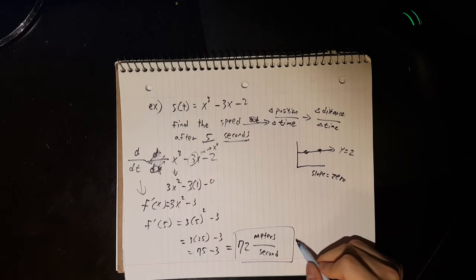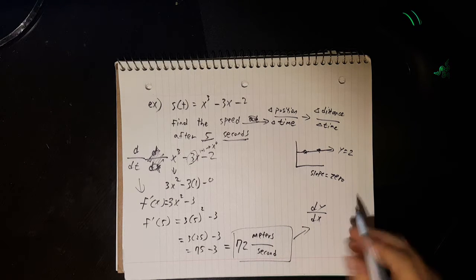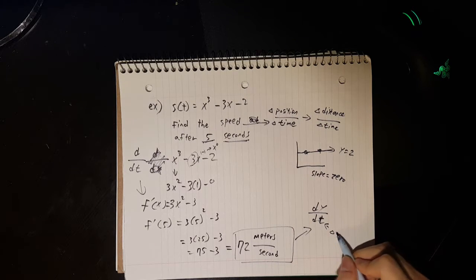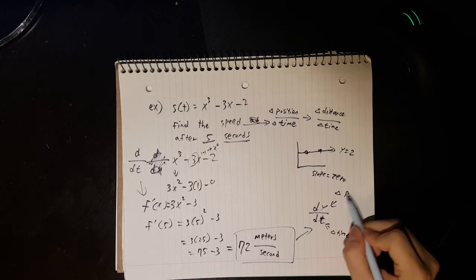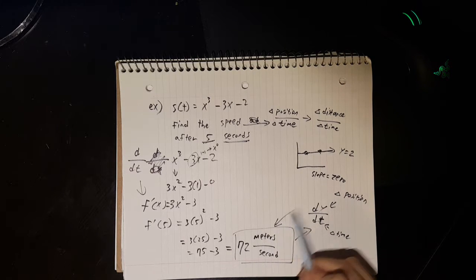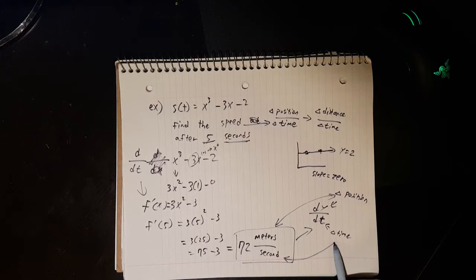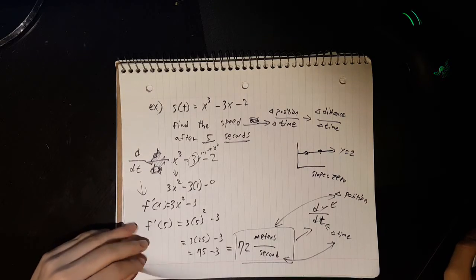And our unit concurs with our derivative notation: this is dt, the change in time, and this is the change in position, and meters is a unit of position. Seconds is a unit of time. And so that's one way you can use derivatives.